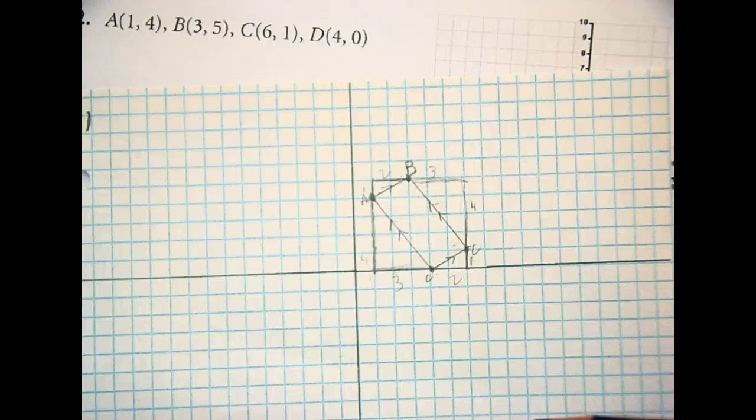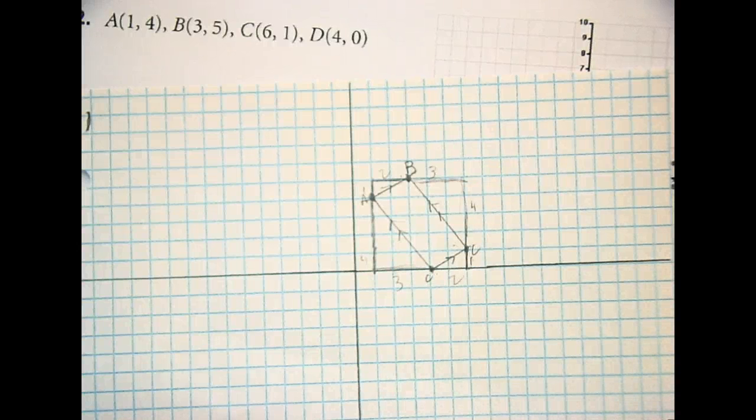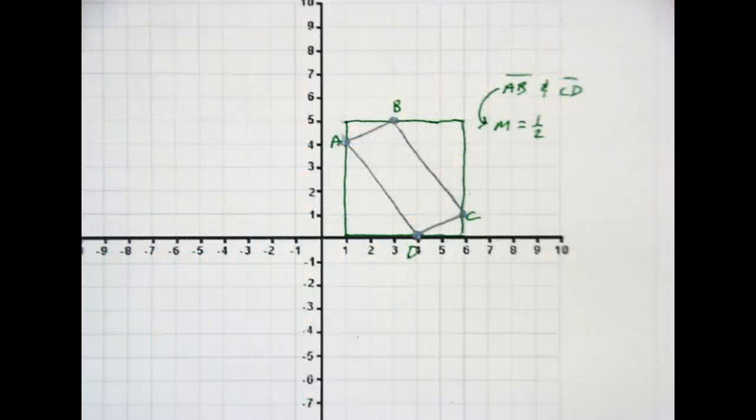Okay. What do you guys know about slope and right angles? Think back to last week. We talked about it in algebra. What do we know about the slope and right angles or perpendicular lines? Look back in your notes. Yeah, Emily, what do you got?